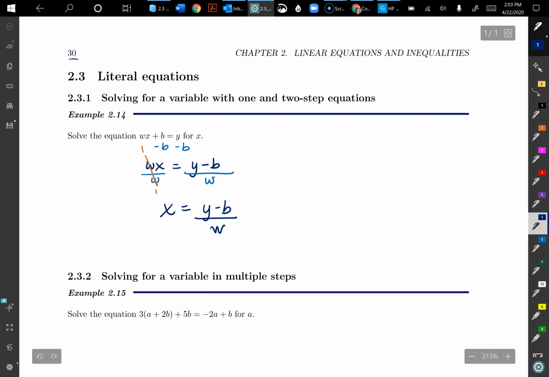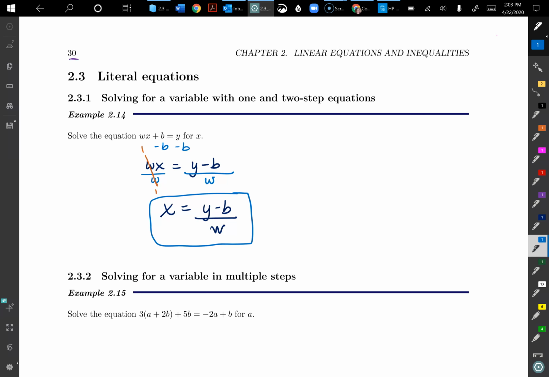And we might do this because if we have a formula for something and we're always wanting to know, say it's a geometry thing, you have area equals length times width, just to pick an easy one, and you're always needing to find the length, but you know area and width, you would solve out for the length.